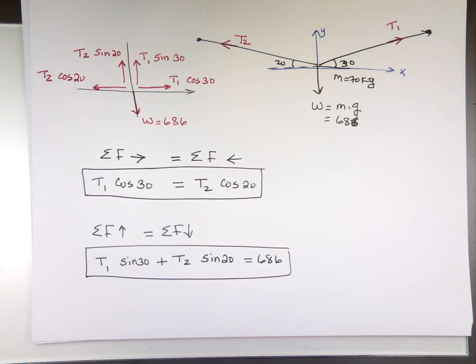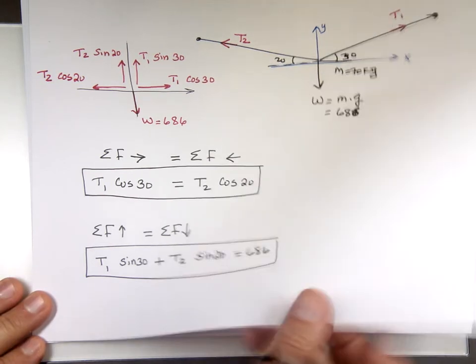I have two equations and two unknowns. So how are we going to solve them? So let's see. Let's do that now. Done with the physics, let's jump to the math.